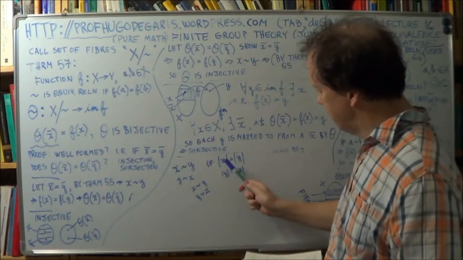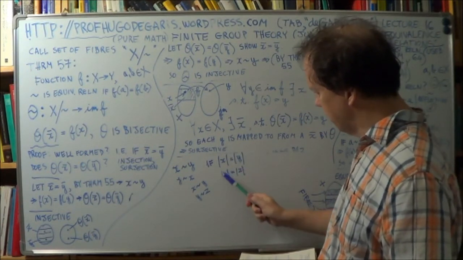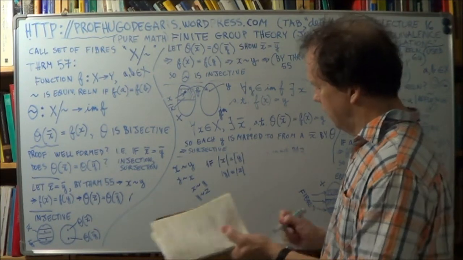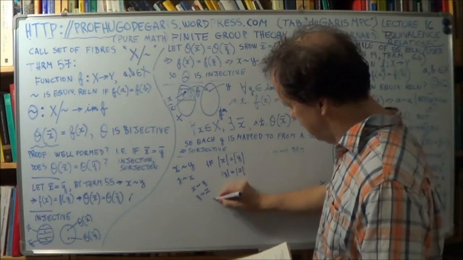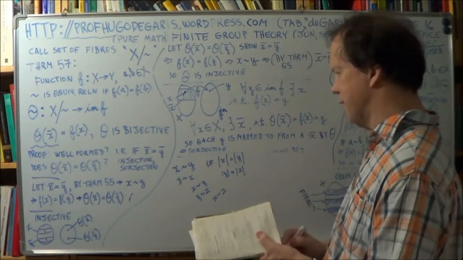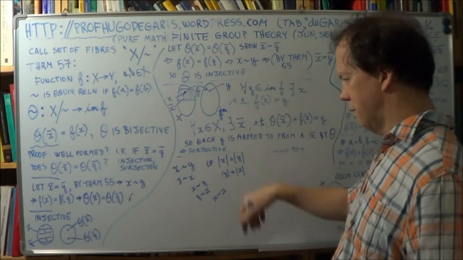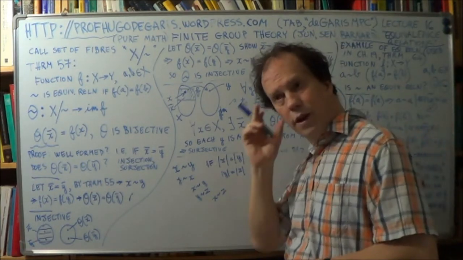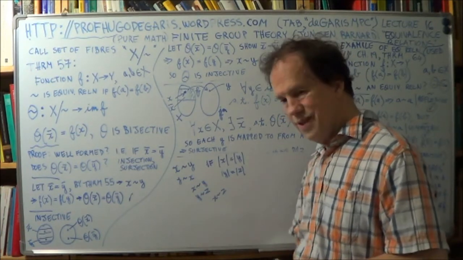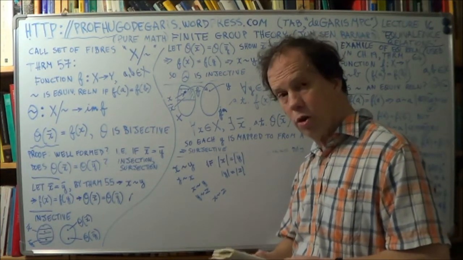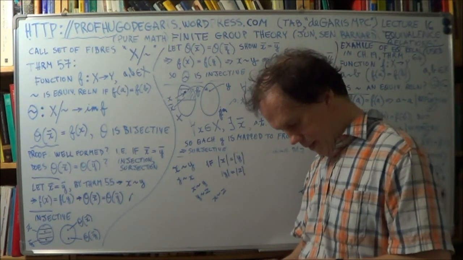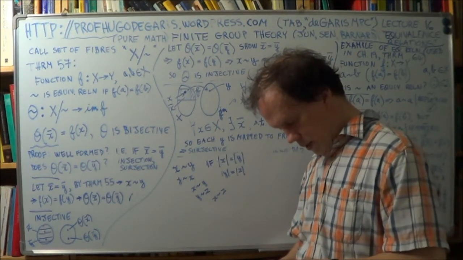So if mod x equals mod y and mod y equals mod z, therefore mod x equals mod z, and therefore x is equivalent to z. So it is transitive, and all three conditions are satisfied. Therefore, this relation here is a congruence relation.